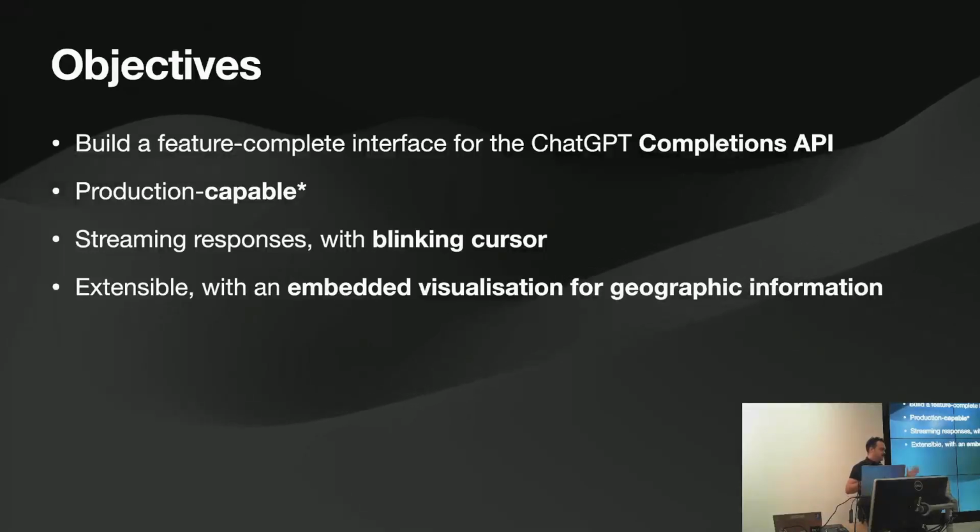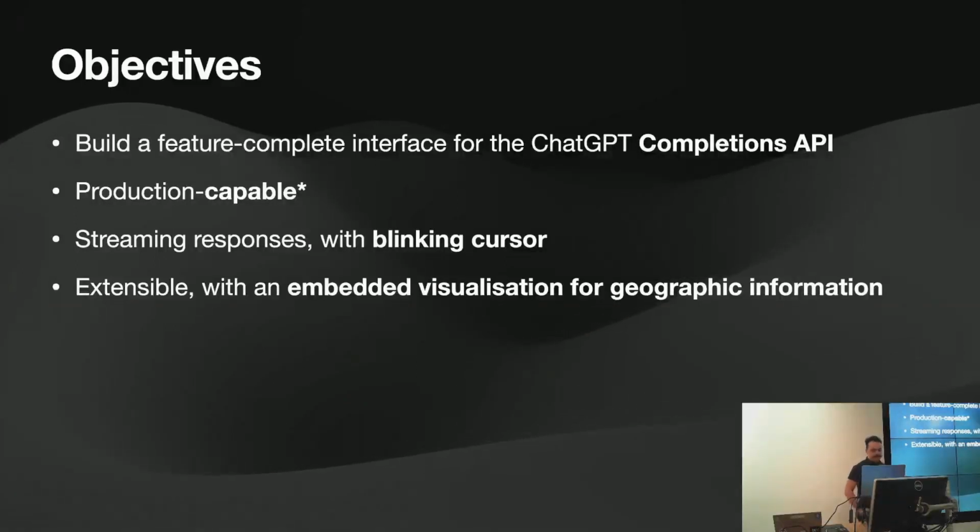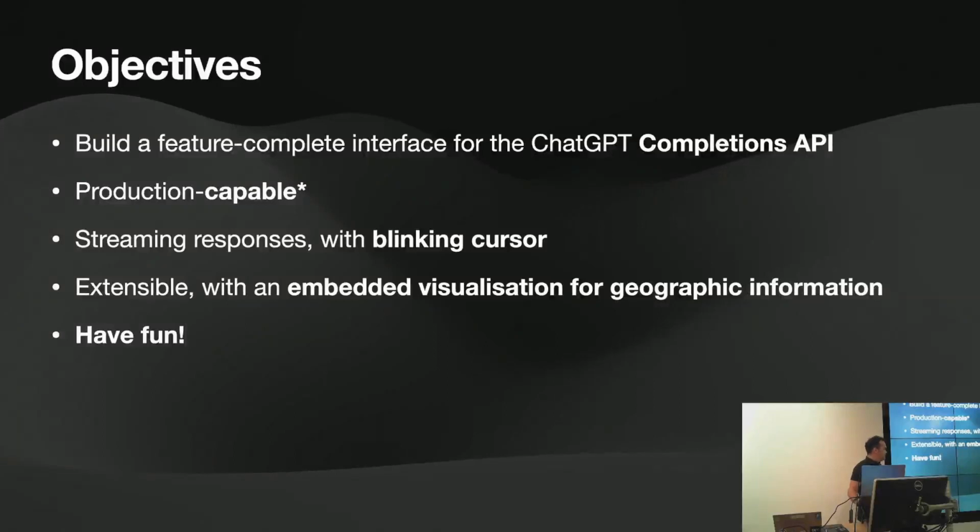And of course, I didn't want to just build a clone of ChatGPT. I wanted to add my own spin on it, so I built an embedded visualization for geographic information with the Azure Maps service. And of course, have fun.